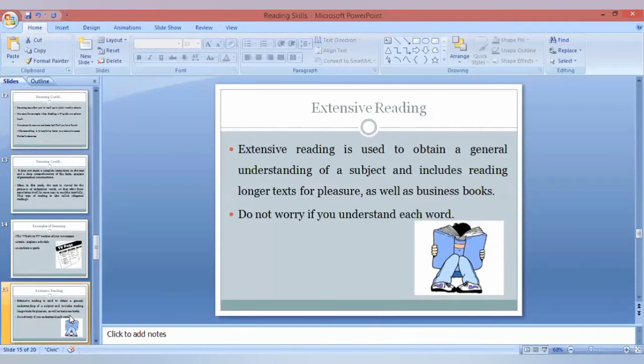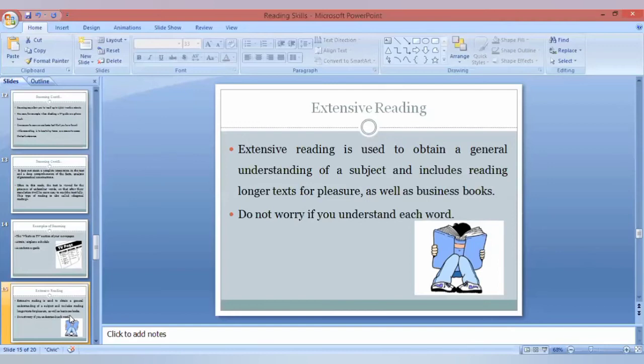So it is extensive reading. It is also called reading for pleasure. This type of reading is mostly done for the purpose of pleasure, reading stories, novels, poetry, or any book of business, for example.